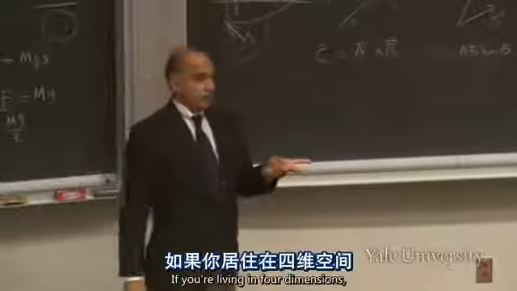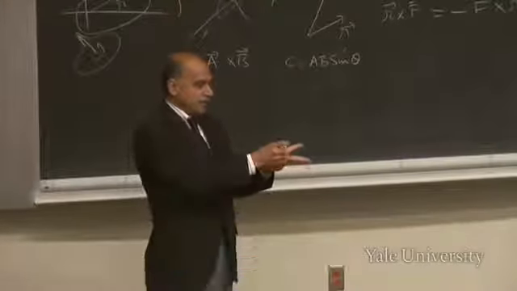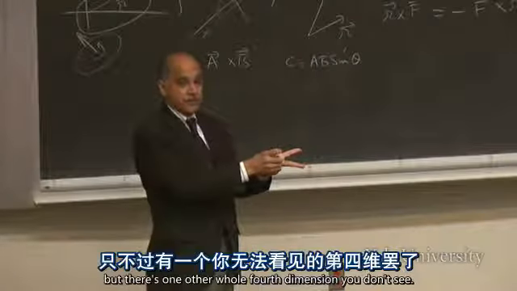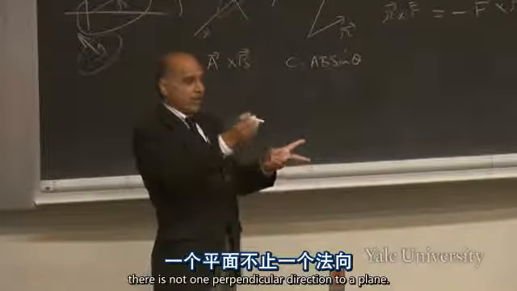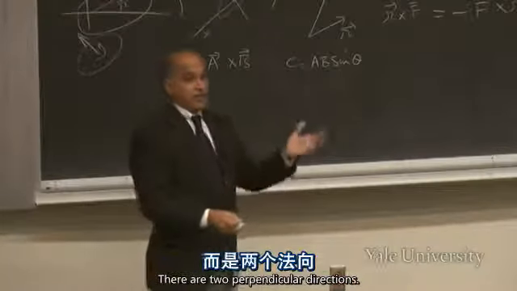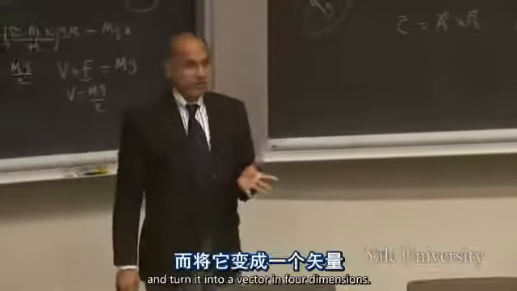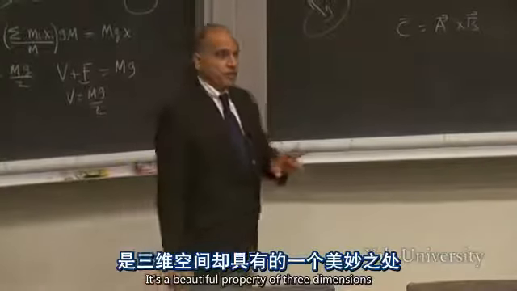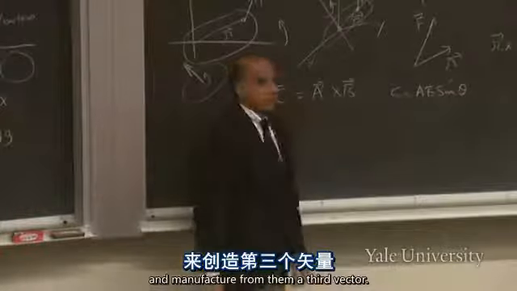If you're living in 4 dimensions, if I give you two vectors, like these two fingers, well, there's a perpendicular to it that you can see, but there's one other whole 4th dimension you don't see. So in 4 dimensions, there is not one perpendicular direction to a plane. There are 2 perpendicular directions. So you cannot take the cross product and turn it into a vector in 4 dimensions. It's a beautiful property of 3 dimensions that one is able to take 2 vectors and manufacture from them a 3rd vector.